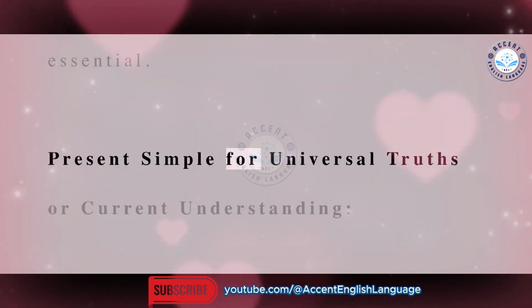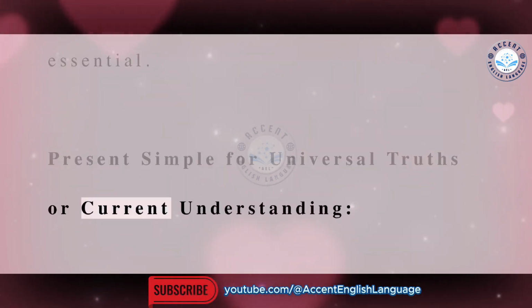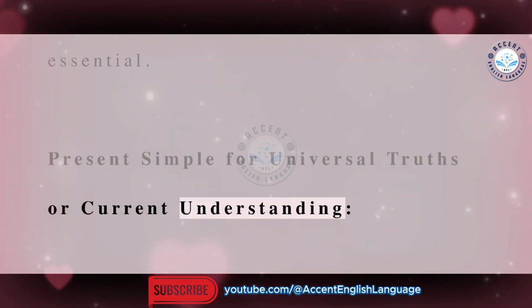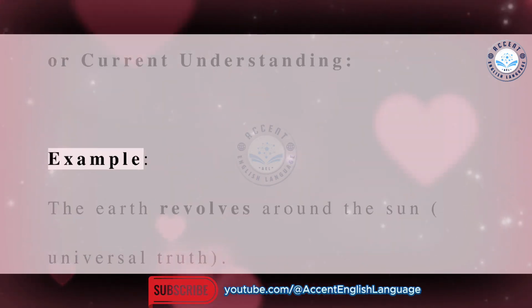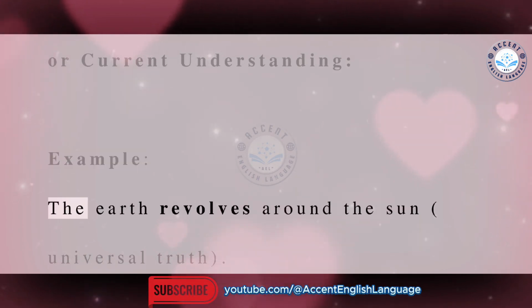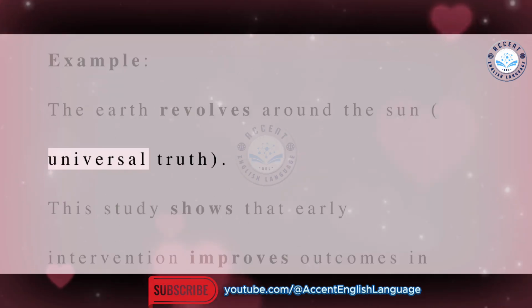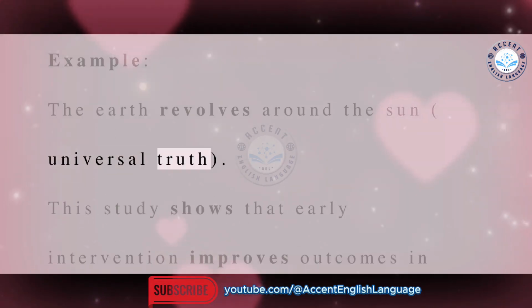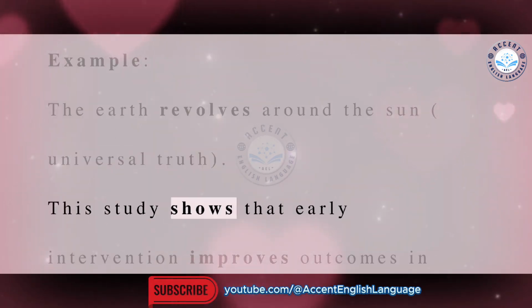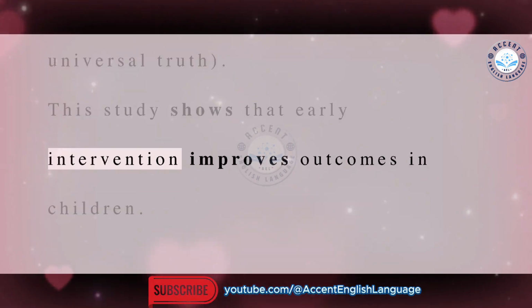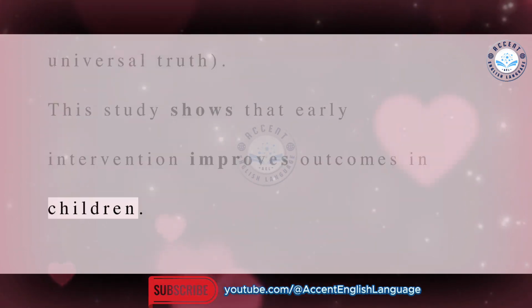Present simple for universal truths or current understanding. Example: the earth revolves around the sun. Universal truth. This study shows that early intervention improves outcomes in children.